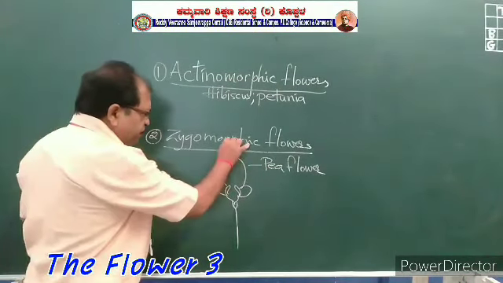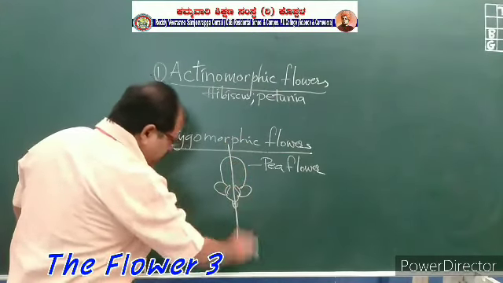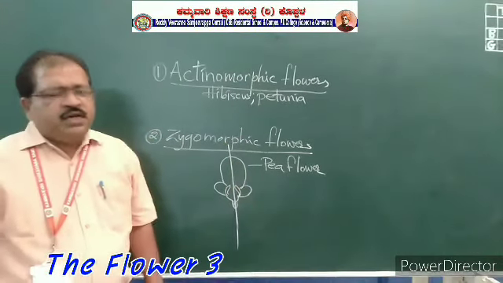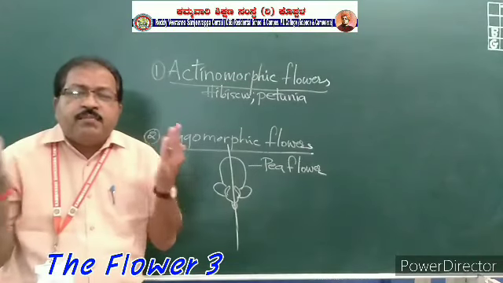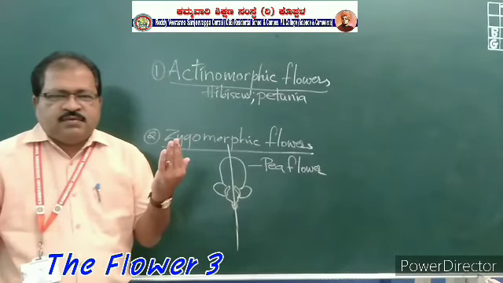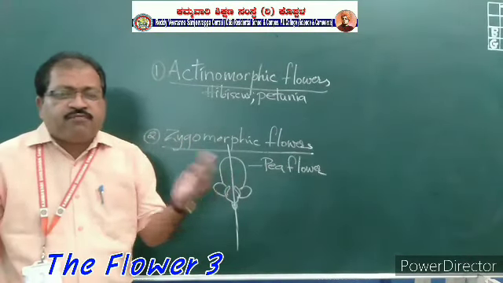In this flower, if you draw a vertical line in the same axis, it forms mirror images. This is called a zygomorphic flower.